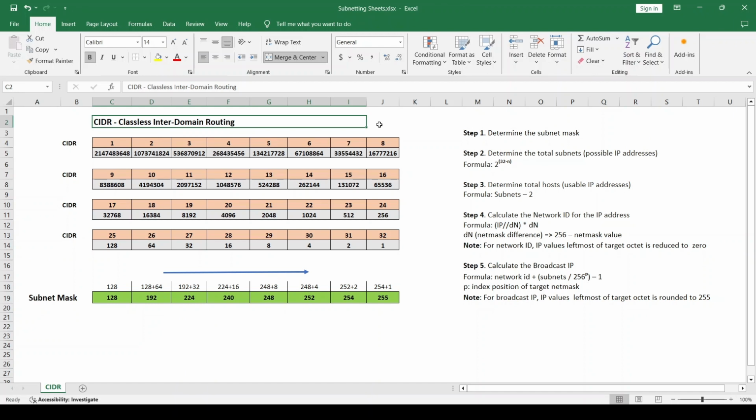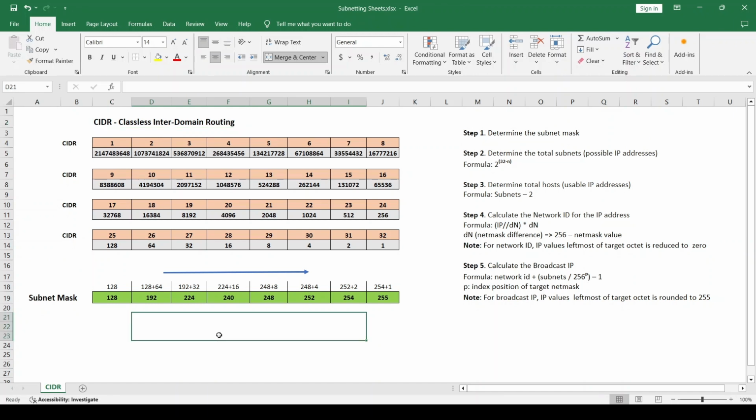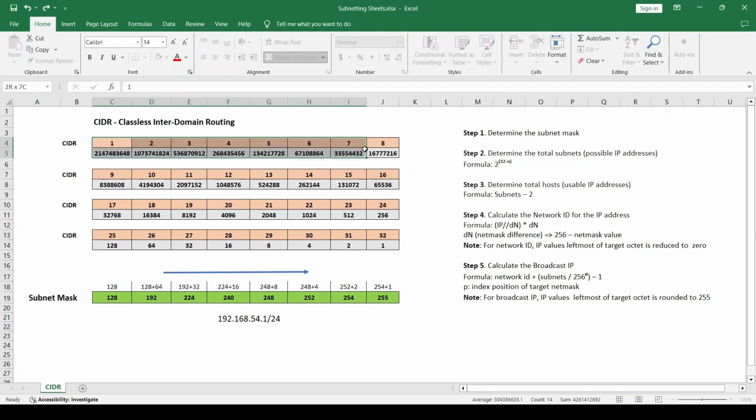For example, we have something like 192.168.54.1/24. You will be given a range, in this case /24. What this means is that the first 24 bits have been reserved for the network that the IP address is on. So these first 8 bits, 16 bits, and then the first 24 have been reserved for the network.